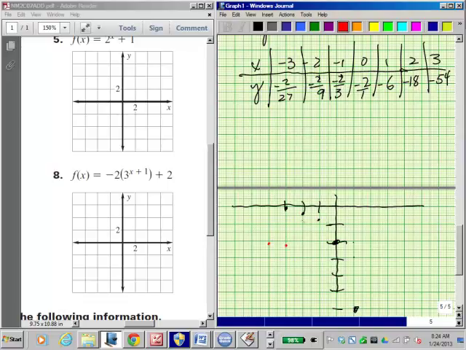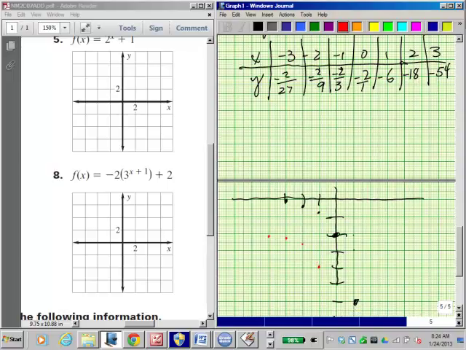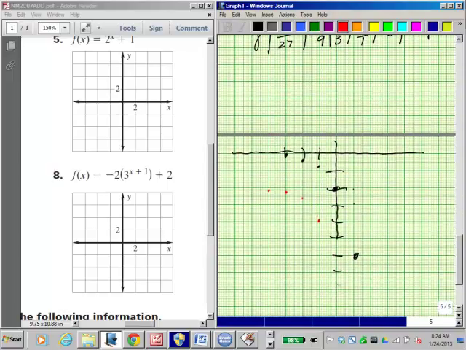1 to the left and down 2. 1 to the left and down 2. 1 to the left and down 2. Okay, and so here it is.